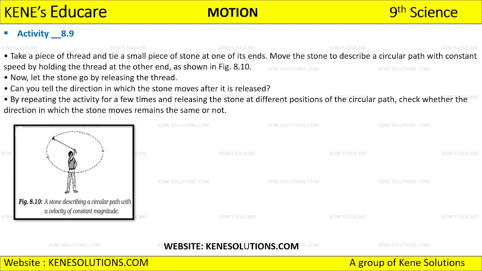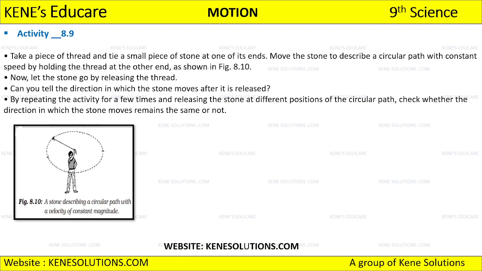Now we have Activity 8.9 and the summary discussion that I'm not going to start with today because we are even left with exercise questions. So we'll have one more part for the whole lesson. I hope you have understood the uniform circular motion that we discussed today.